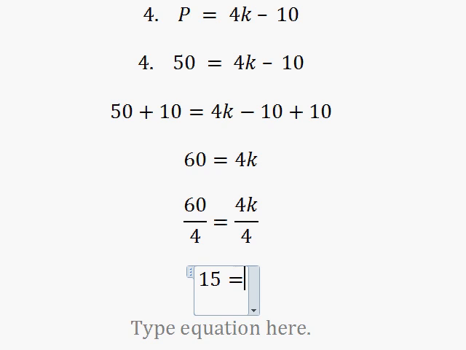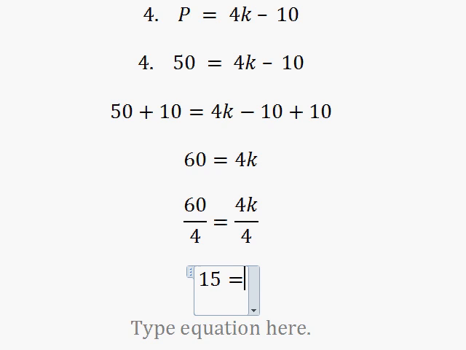4k divided by 4, well, 4 times any number divided by 4 is equal to just that number. So 5 times 12 divided by 5 is equal to 12, and so on. This works for every number. It's the same as plus 4 and minus 4 cancelling each other out.